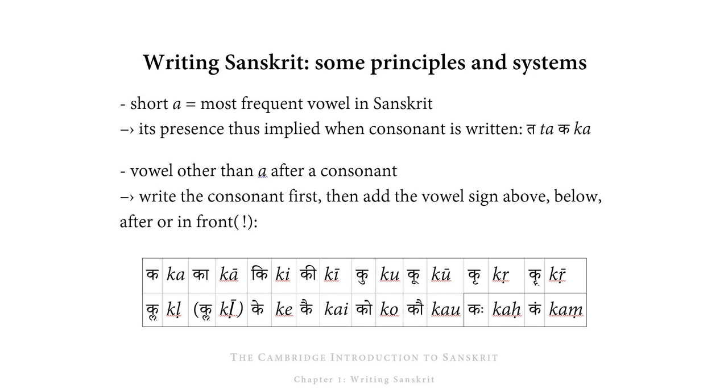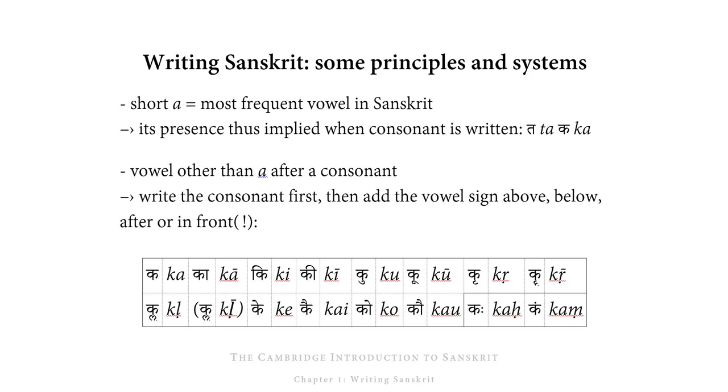Now, short a is the most frequent vowel in Sanskrit. And in Sanskrit writing, the representation of a is actually really clever. Its presence is implied whenever a consonant is written. So, the sign that you found for ta, for pa, basically is the sign for t or p, or whichever other consonant you want to write.